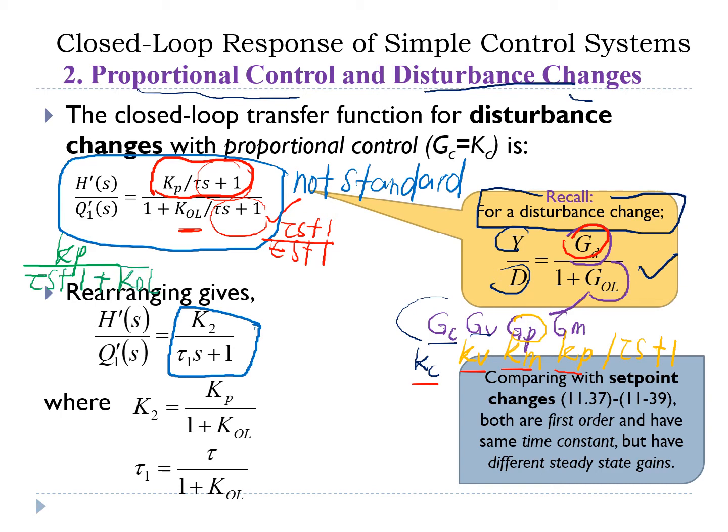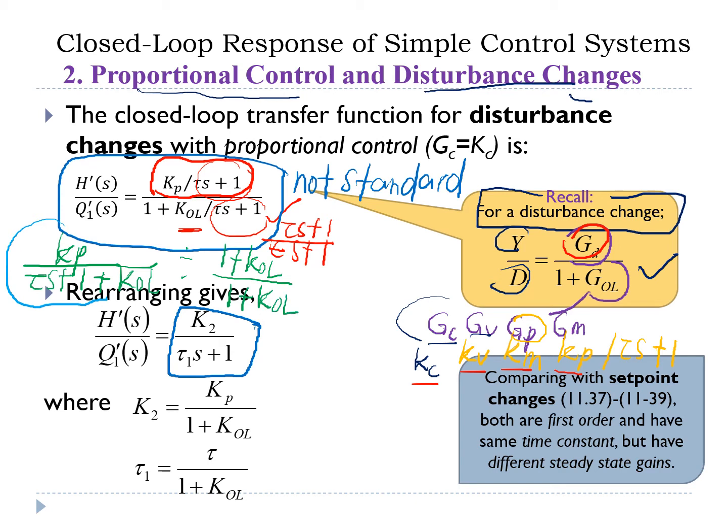It is still not in standard form, so you divide by 1 plus KOL for both numerator and denominator.